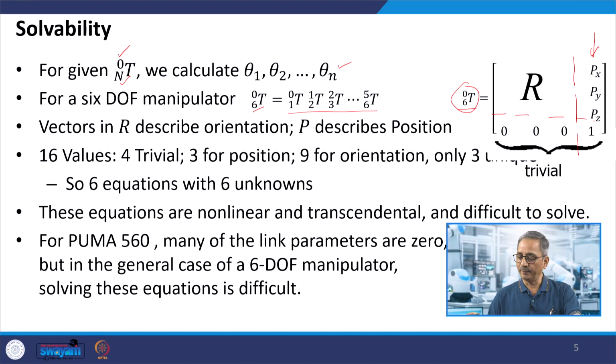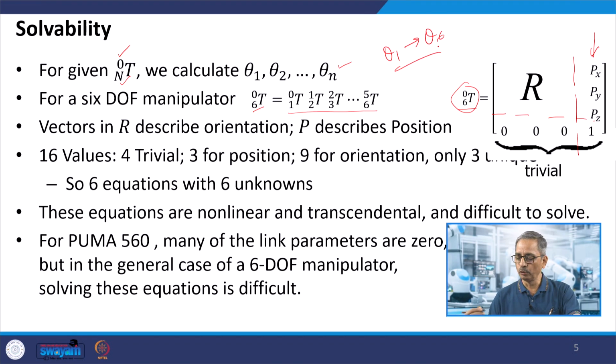Now, finding the inverse kinematic solution. For a 6 degree of freedom manipulator we have 6 unknowns, the 6 joint angles theta 1 to theta 6, that we need to find.